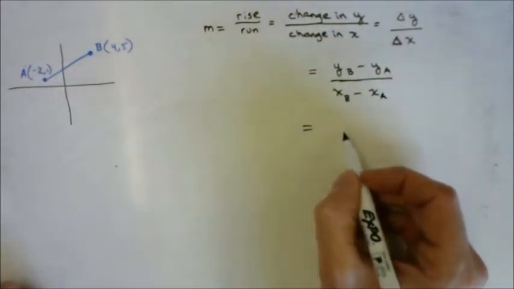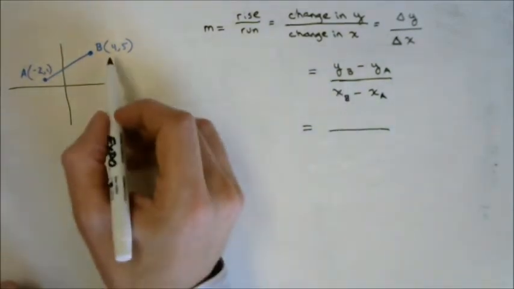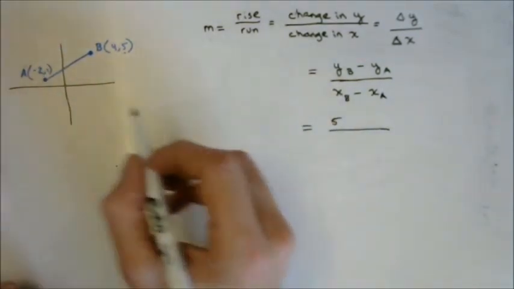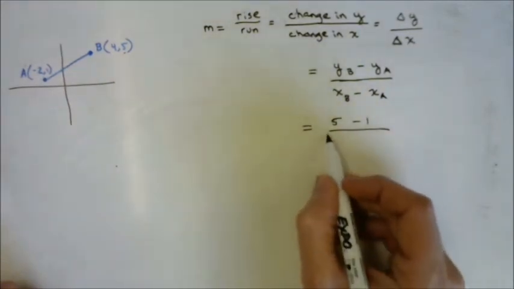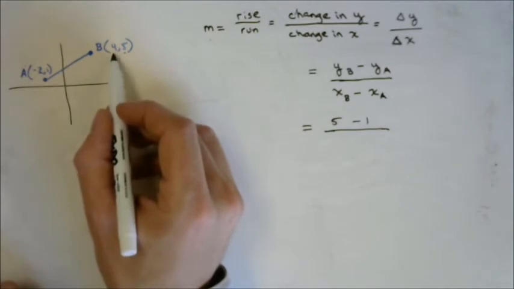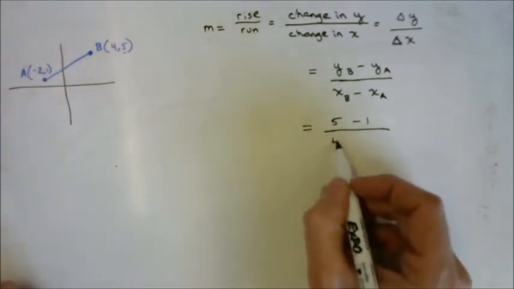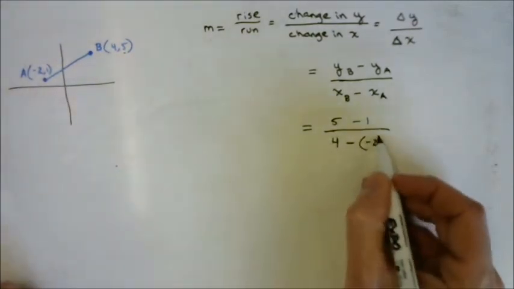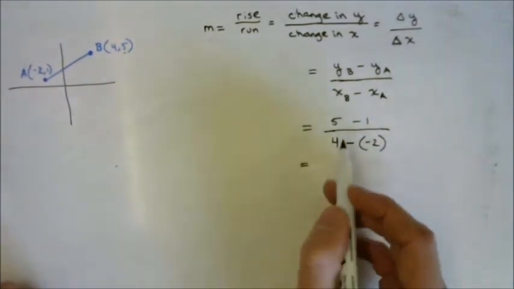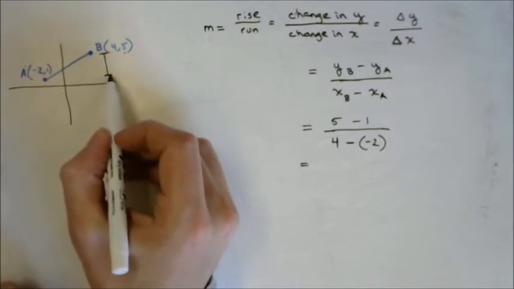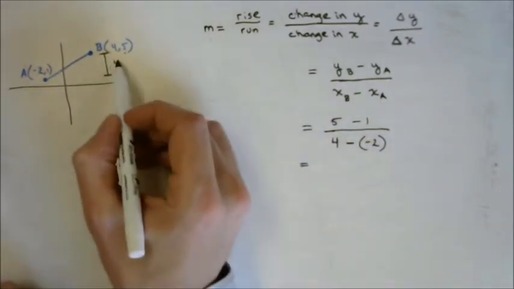Okay, here we go. Plug in what I know. The y coordinate of B is 5, and the y coordinate of A is 1. So I have 5 minus 1. Now in the denominator, my x coordinate gets a little bit sticky here. We've got an x coordinate for B of 4, minus negative 2. The vertical difference from here to here is 5 minus 1, that's 4.